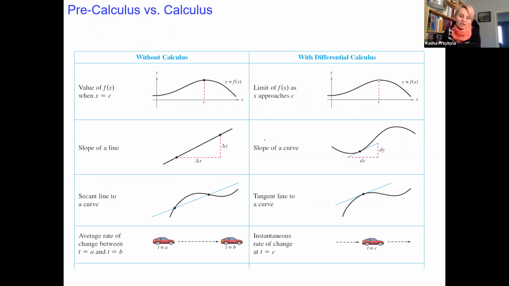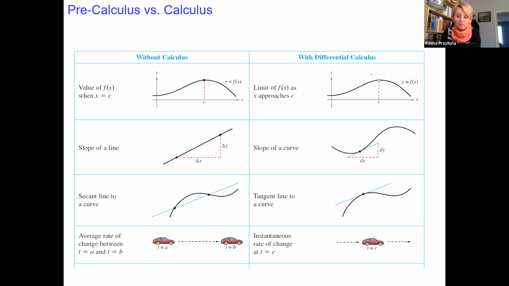That means, for example, let's look at the first row. We can get the value of the function, no problem, but can we really estimate, approximate the situation, not exactly at the point, which is the value, but near the point?